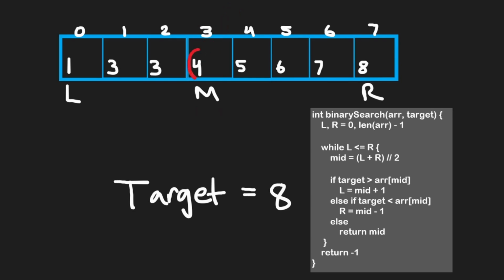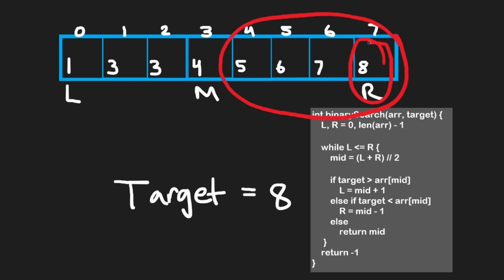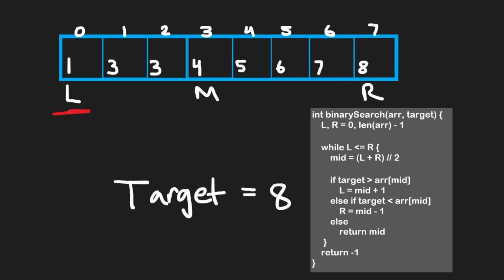So in this case, clearly our target 8 is greater than 4. So we know we should now start searching over here. So what should we do? Well, we have to update our search space to be over here. How do we do that? Well, our right pointer is already where it should be. So the only thing we have to do is take the left pointer and shift it over here.